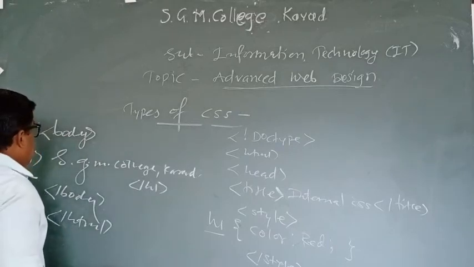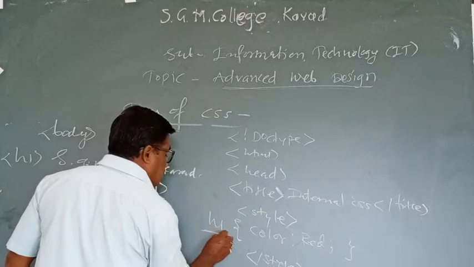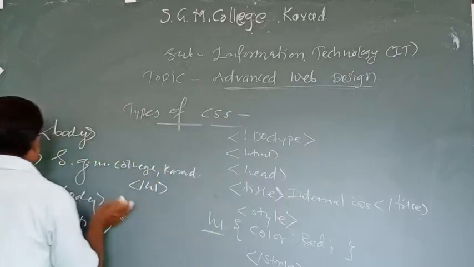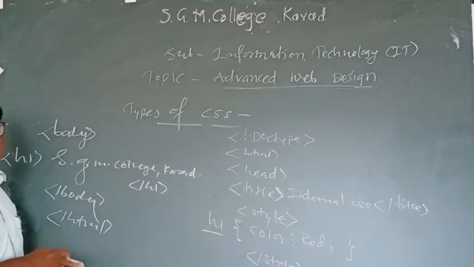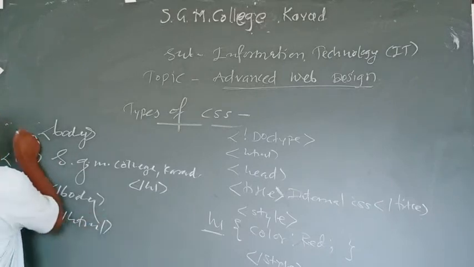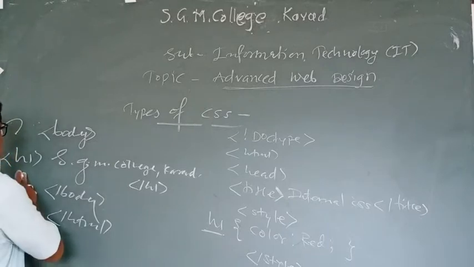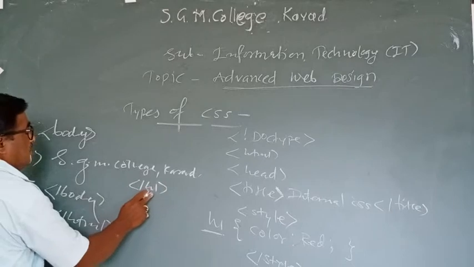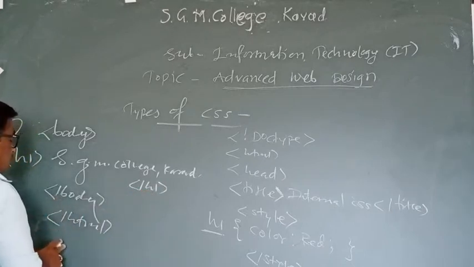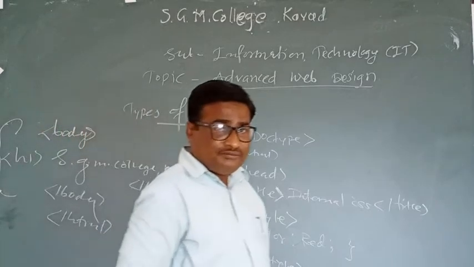These selectors are used in the body section of the HTML program. For example, H1 then SGM college, H1 close, body tag close, HTML close. These are the internal CSS.